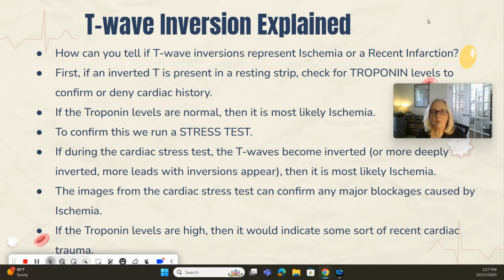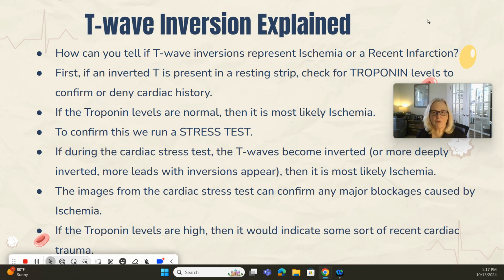We will confirm it by running a stress test. Once we run the stress test, we can tell if those inverted T's become deeper or wider, they get worse, they get more symptoms while they're doing the stress test, then we know for sure it's ischemia.